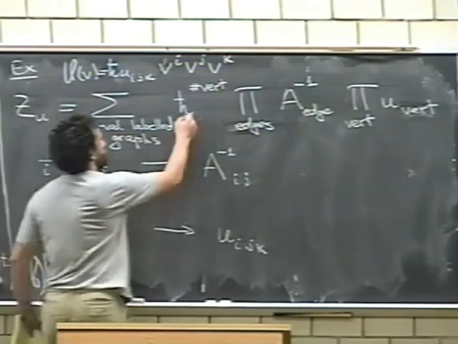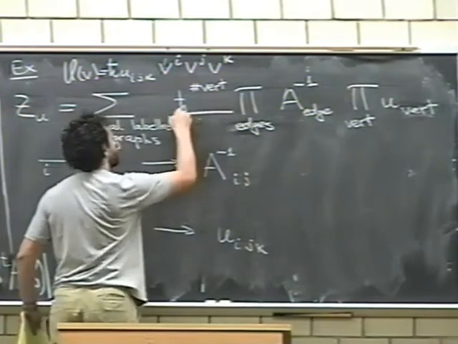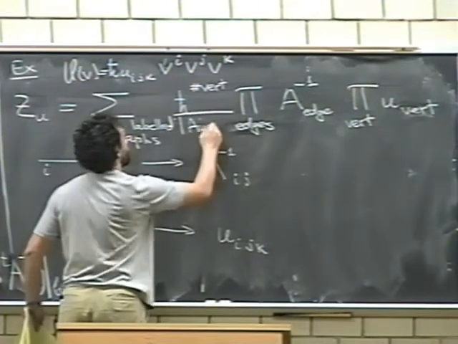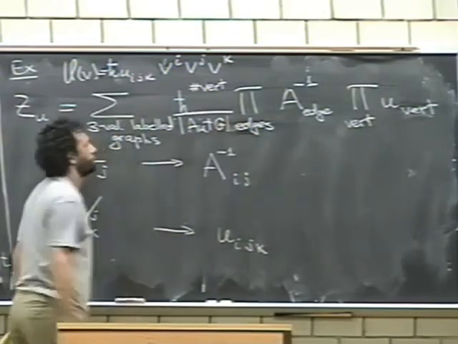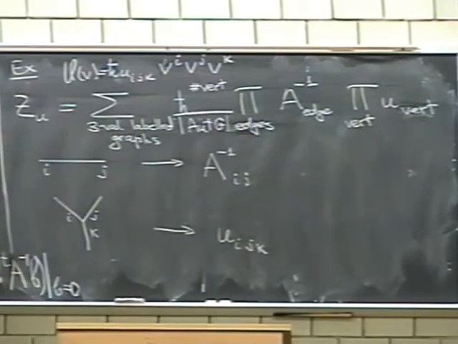And you should also normalize it by the number of automorphisms of your graph.